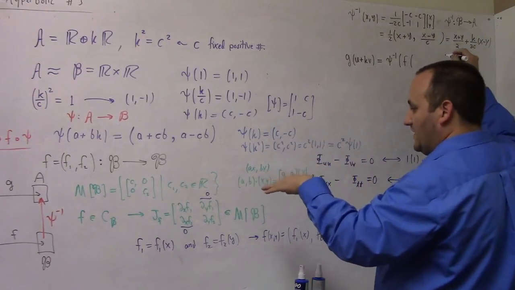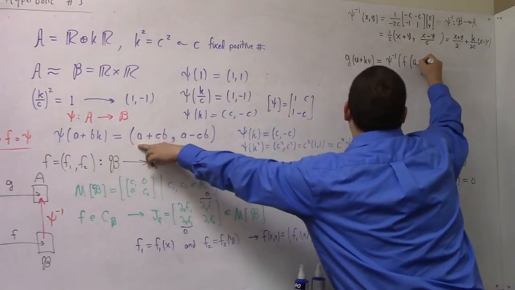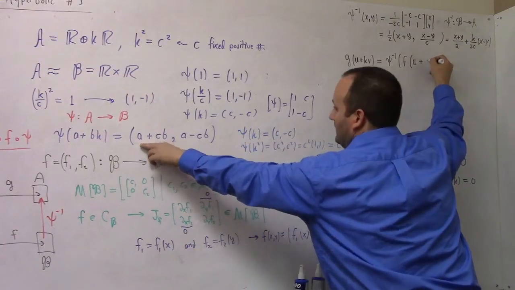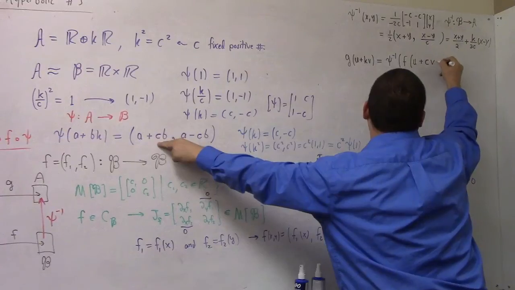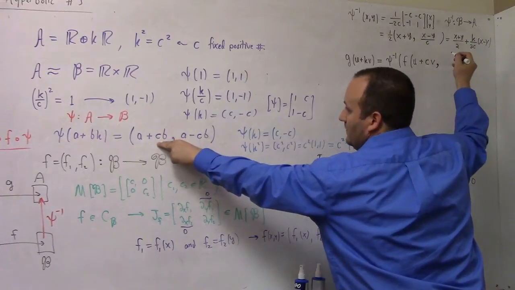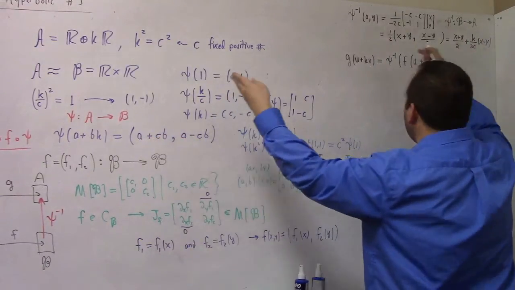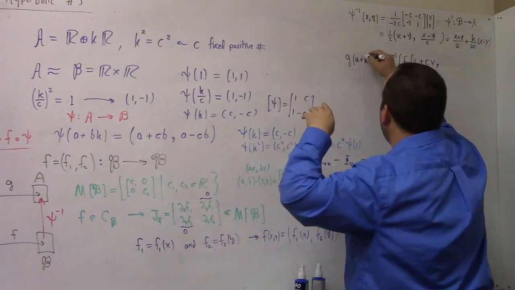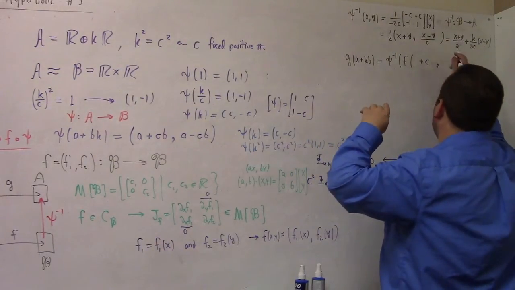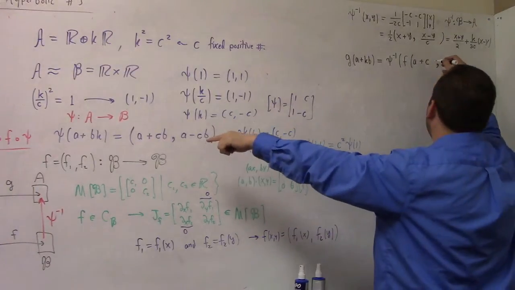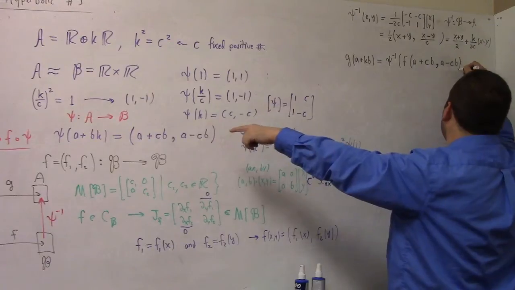What is psi of U plus kV? It's U plus c times V. Actually, why don't I just use A and B, as I was using before? There's no need to make it confusing. So this is A plus cB, A minus cB.